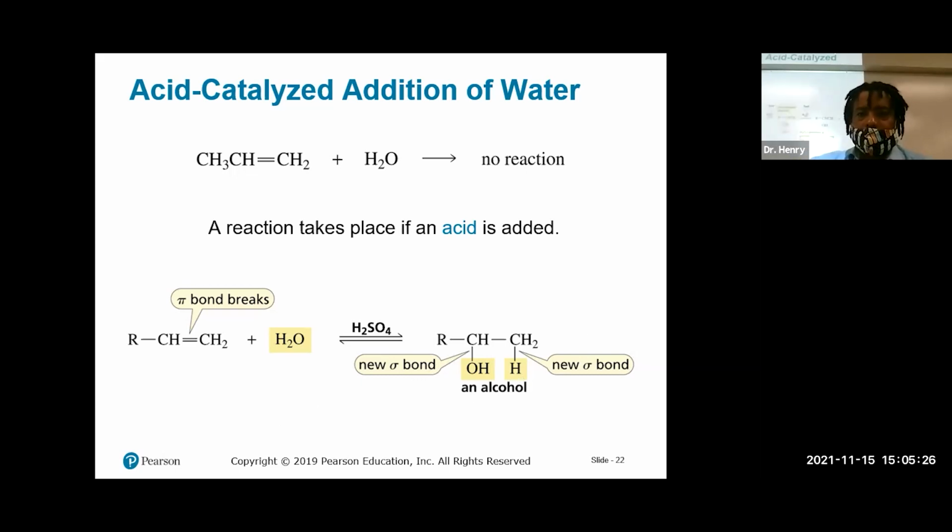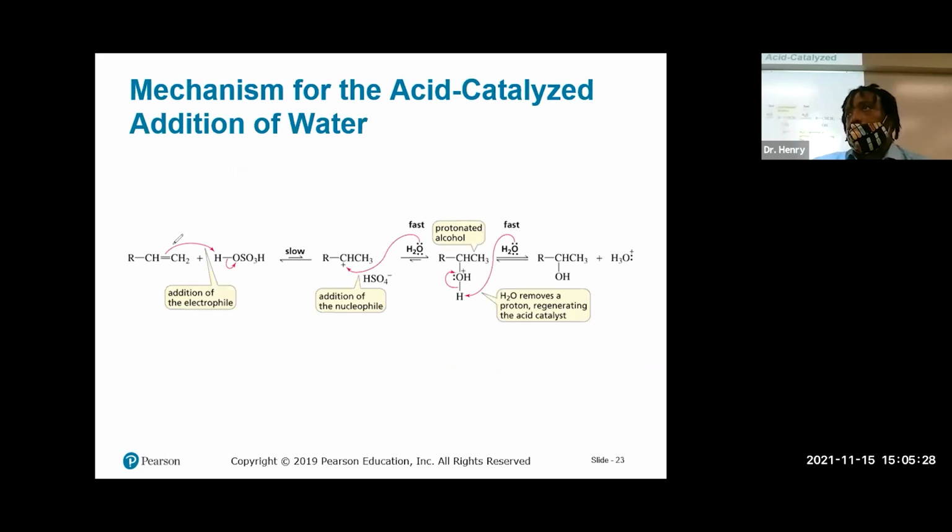Okay. So the mechanism: the double bond is going to be disrupted by the electrons moving from the double bond to the hydrogen on the acid. Okay. And so it's that hydrogen that's attached to, in this case, one of the oxygens.